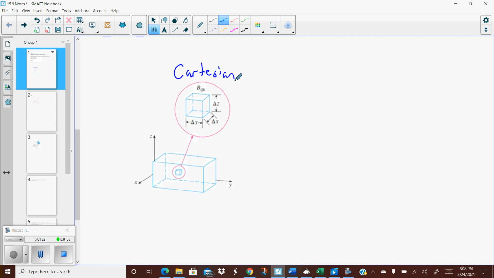To find the volume of this little piece right here, well, basically it's length times width times height. Well, in this case, the length or the width, it doesn't really matter which one you call what, is delta X times delta Y times delta Z. That's going to be the volume.